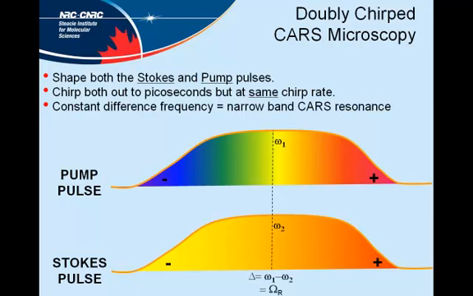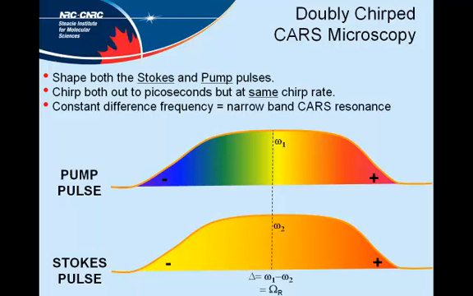What we can do much better is, if you think about it, you want to chirp both of them. So what are we doing here? Well, we have a Raman resonance which depends on the frequency difference between two colors. There's color number one, there's color number two, and the Raman resonance depends on this frequency difference.